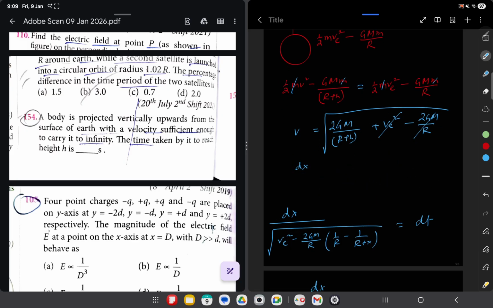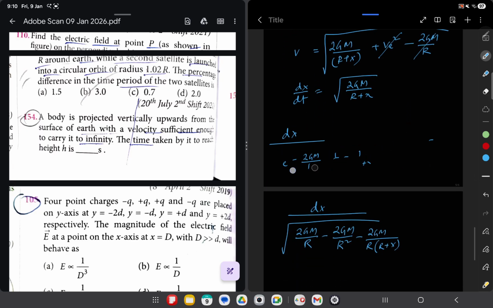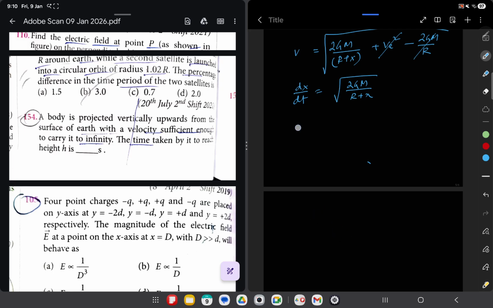So V equal to dx by dt, and this you may write r plus h or r plus x. dx by dt equal to root over 2GM by r plus x. Now from there onward, you will easily write dx, r plus x dx.